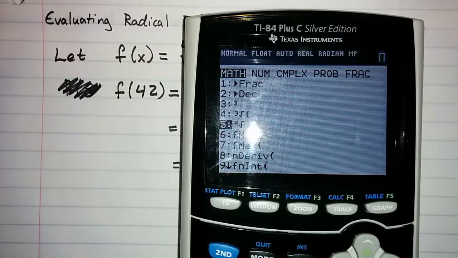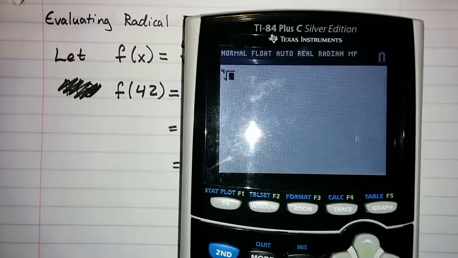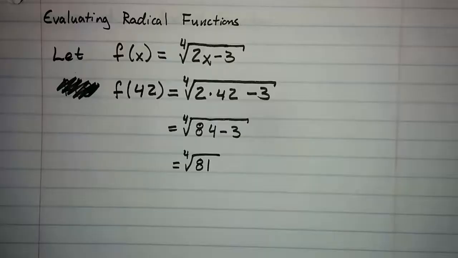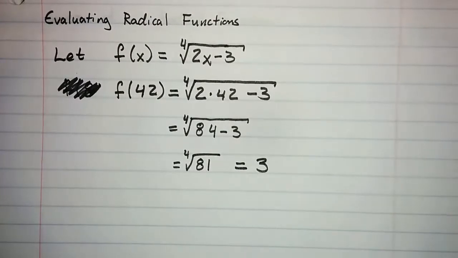And do you see this x root option? I'm going to choose that. I'm going to punch in a 4 for my root, and then I'm going to type in 81. And I get 3. So it just happens that the fourth root of 81 is a nice whole number, 3.